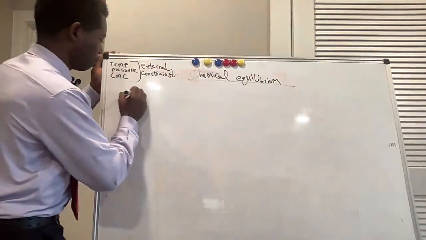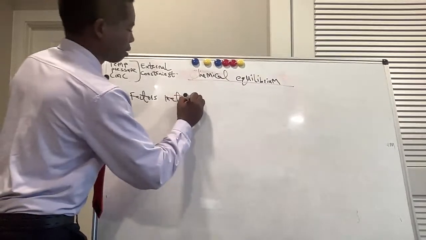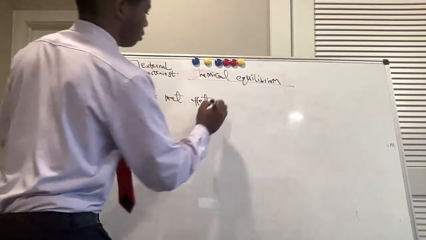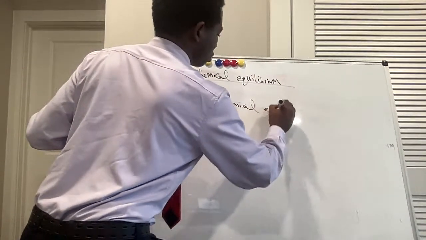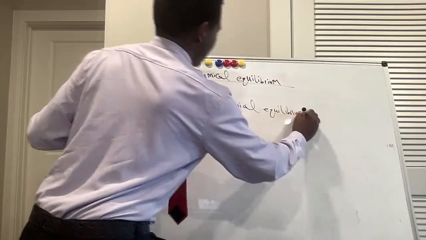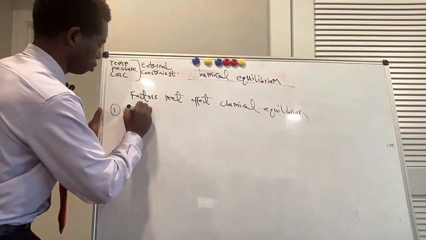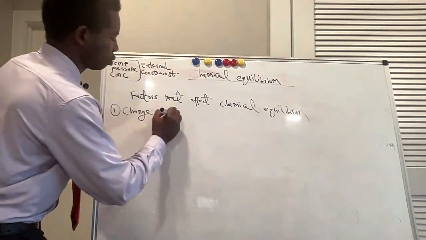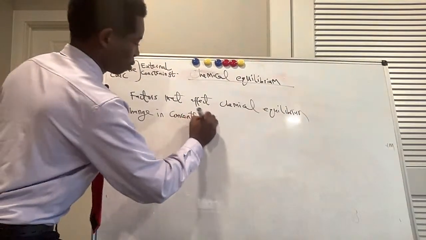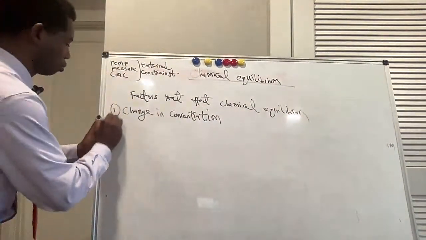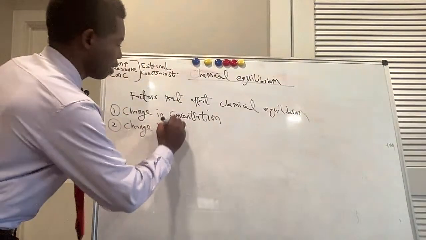Let's look at factors that affect chemical equilibrium. Number one, change in concentration. Number two, change in temperature.